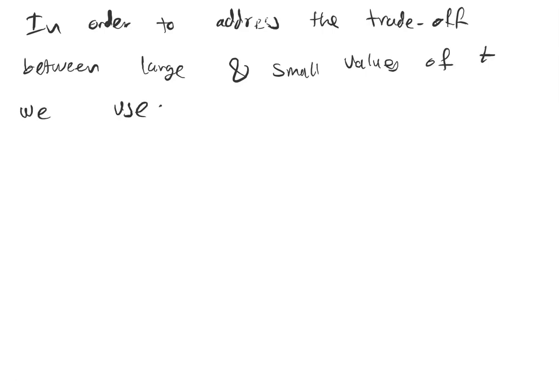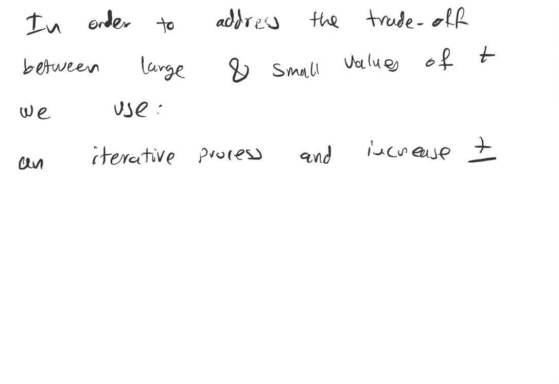We use an iterative process and increase the value of t at each iteration. So this way we are step by step improving our process, the process of using interior point method until we reach convergence.